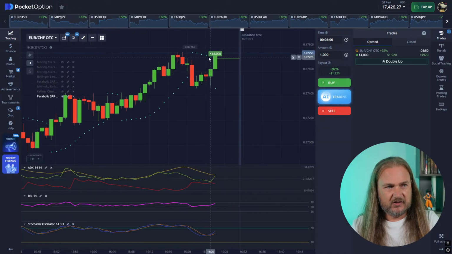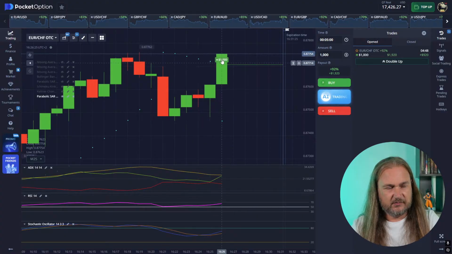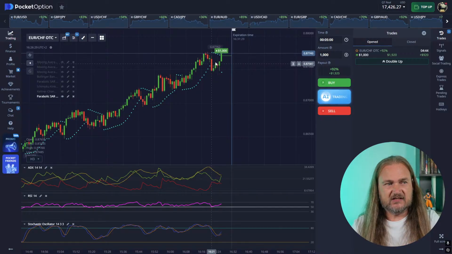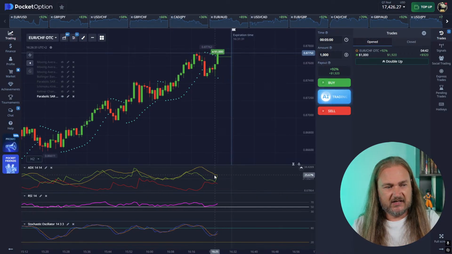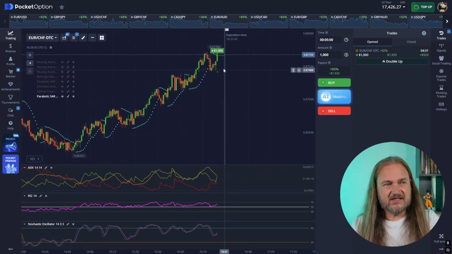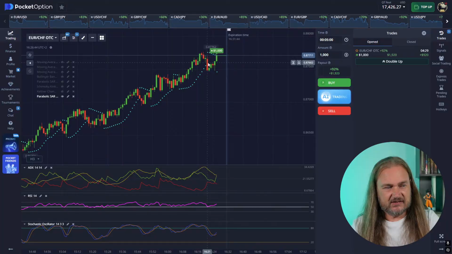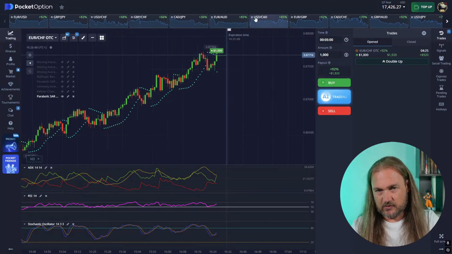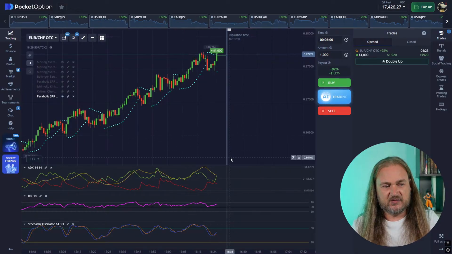So the parabolic did break through right here, and so this is telling me, while the ADX is on 26, so the ADX is still fairly decently high, we've got this DI plus coming up really hard now. So this is telling me that this move here is very likely the same as this and this, simply just a correction, and that price should continue in this bullish move.